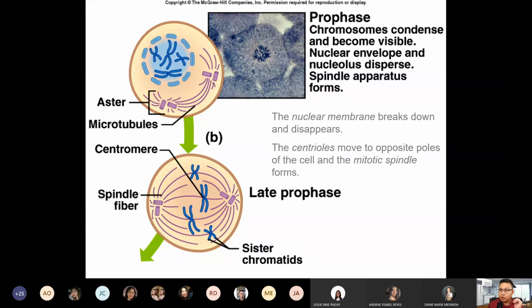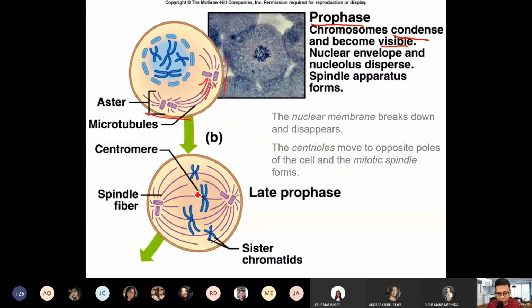Okay. So we have prophase, the first process. Chromosomes condense and become visible. The nuclear envelope and the nucleolus disappear. The spindle fiber apparatus forms. Okay? The chromosomes gather in the middle of the cell. Then our microtubules start to come out. The microtubules look like threads that lengthen.